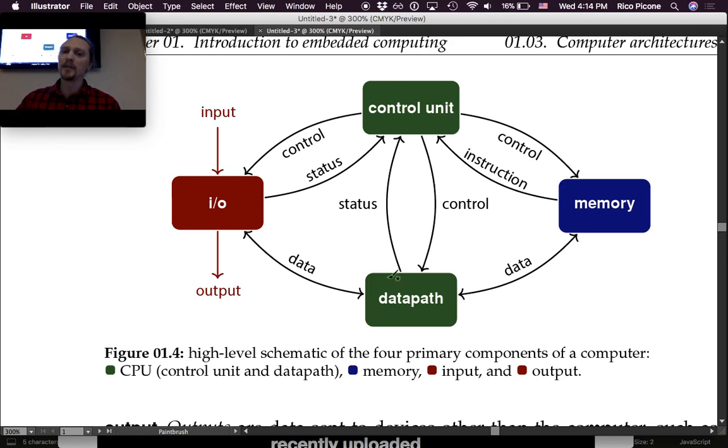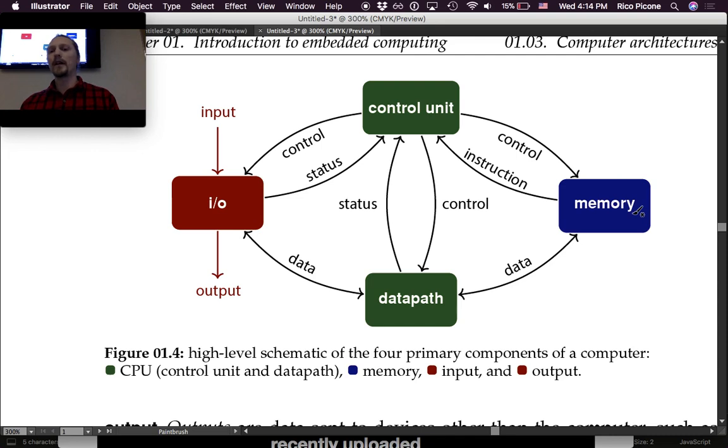I broke them out here because they have a lot of interaction between them, so it makes sense to sort of split them off. Input and output are pretty easily shown there. So there's usually a part of the computer that controls this input and output, like a bus or multiple buses, for communication. And then we have the memory as well.